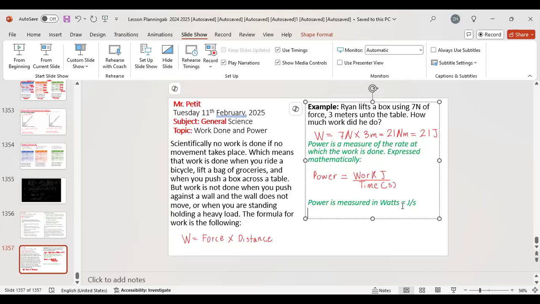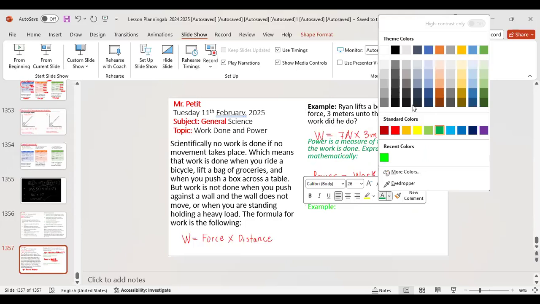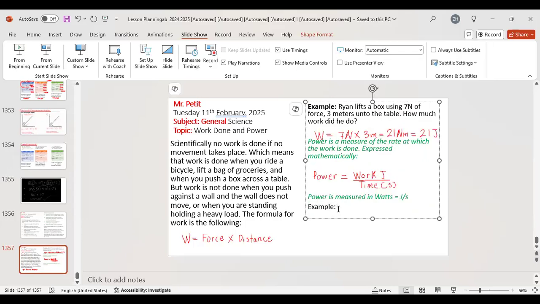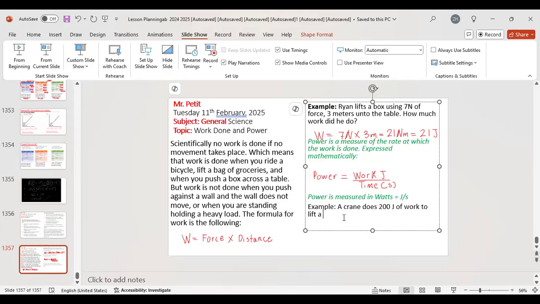Okay, so let's look at an example. The example says we have a crane that does 200 joules of work to lift a truck 30 meters.